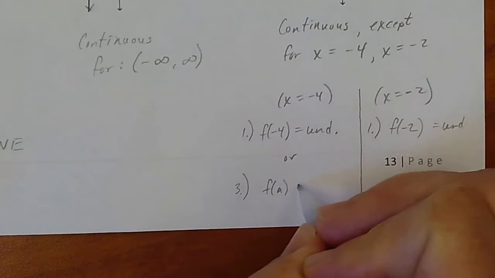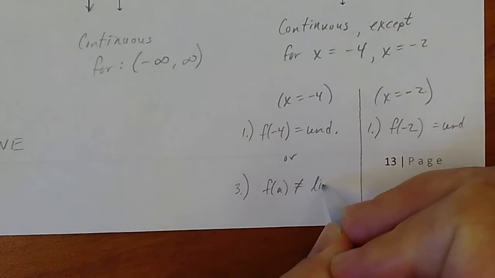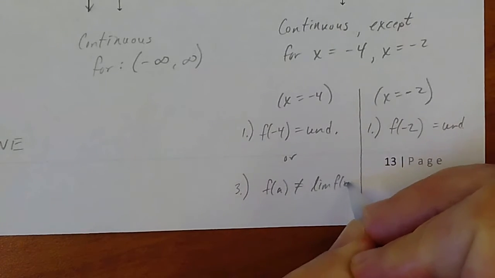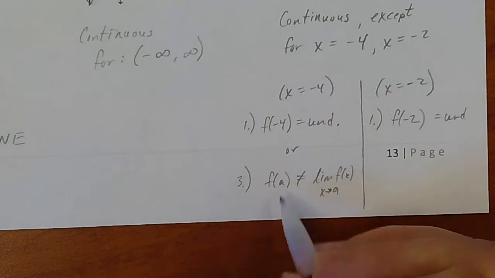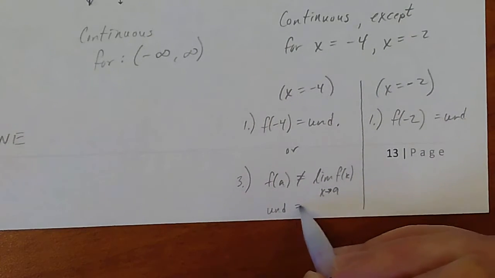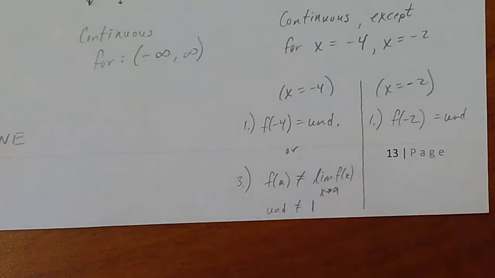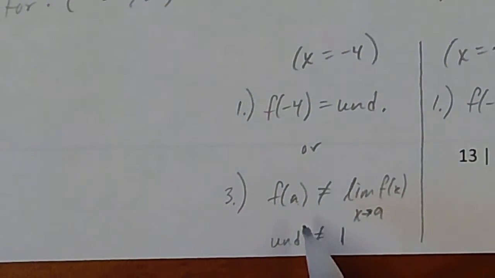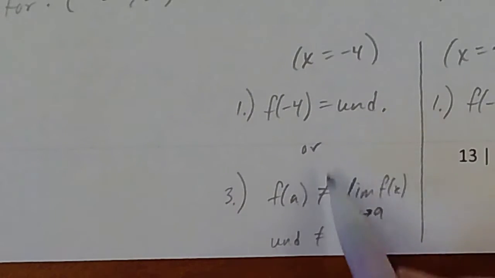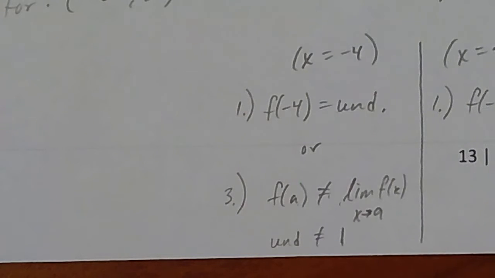So f at a was not equal to the limit of this function as x approaches a, because this was undefined and that was 1 from our graph. You understand? Okay. So violation 3. I'm just giving you options, one way or the other. That's how we can say it's discontinuous.